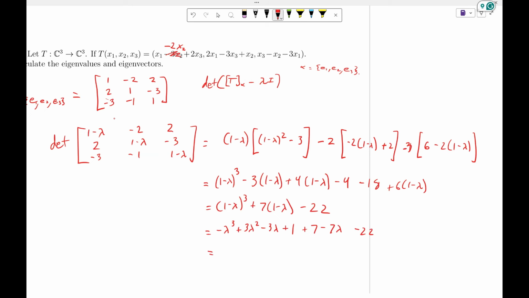And this simplifies to be minus lambda cubed plus 3 lambda squared minus 10 lambda minus 14. This is what our characteristic polynomial of T alpha is.